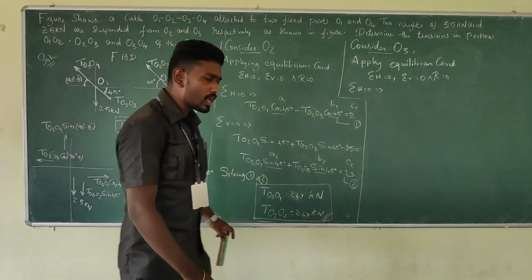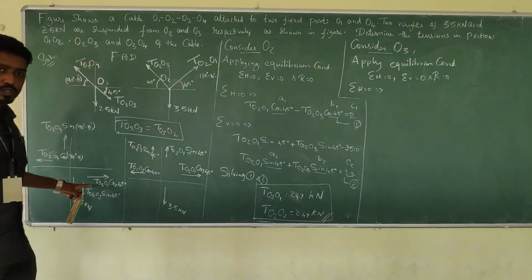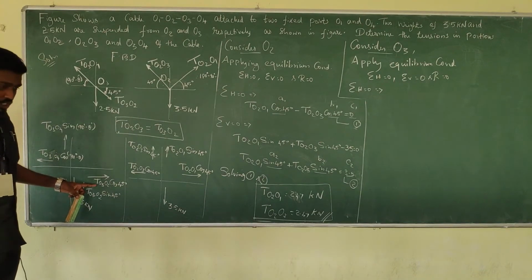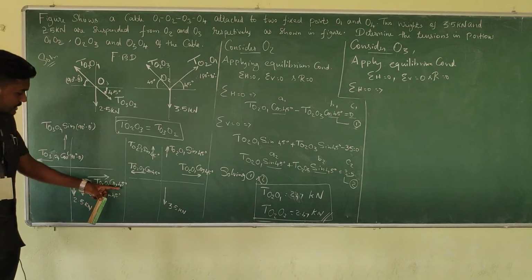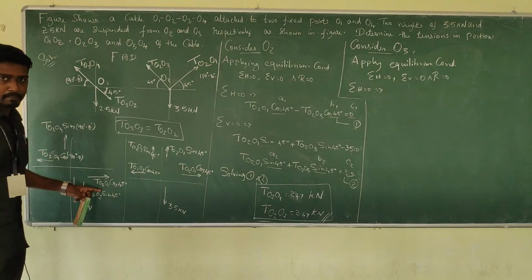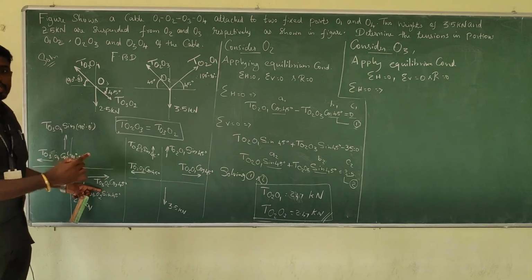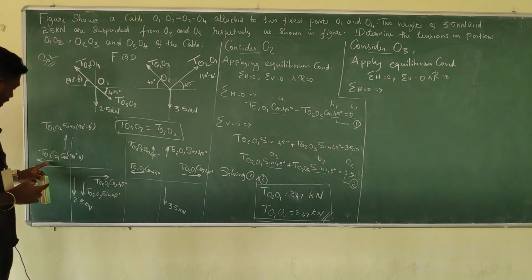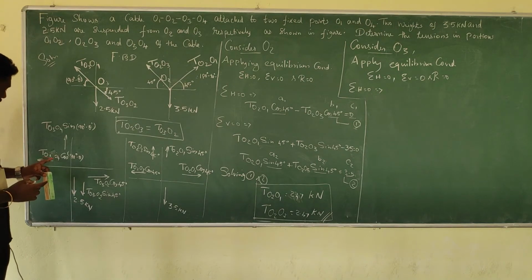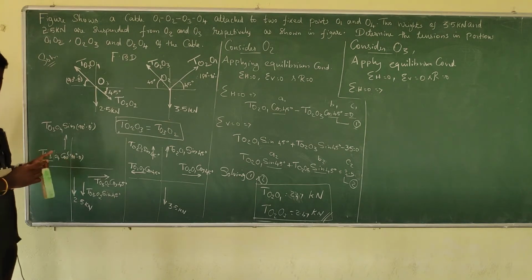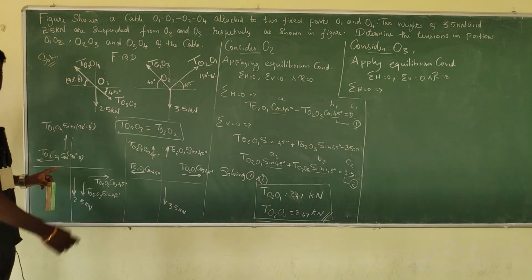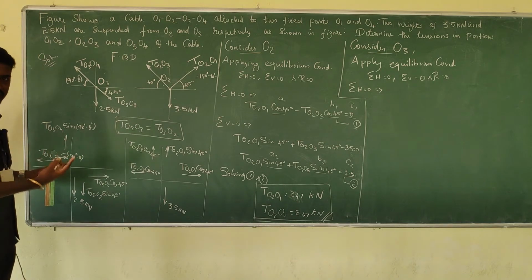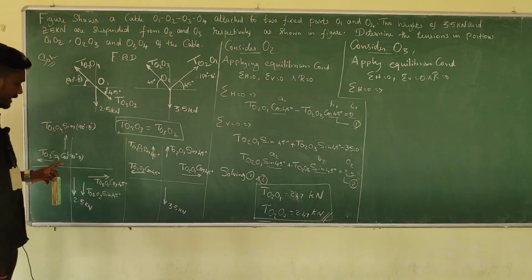Add all the horizontal forces. Look at this: TO3O2 cos 45 is directed to the right side, so it carries a positive sign. And here comes TO3O4 cos 90 minus theta, which is directed to the left, so it carries a minus sign.